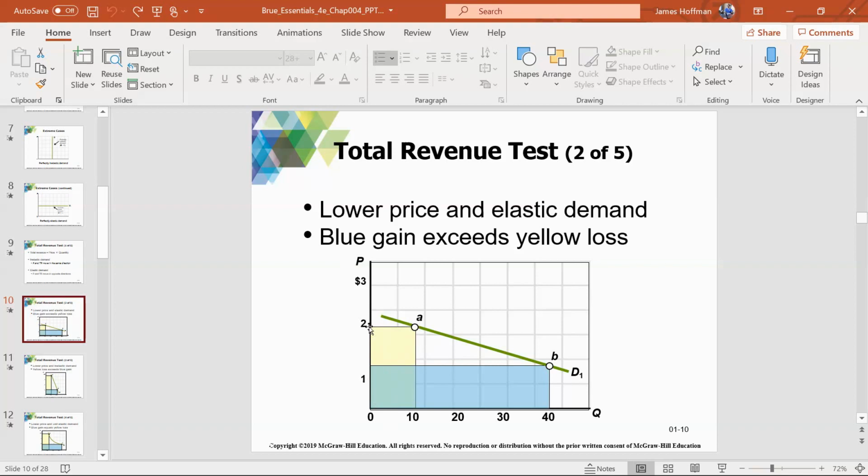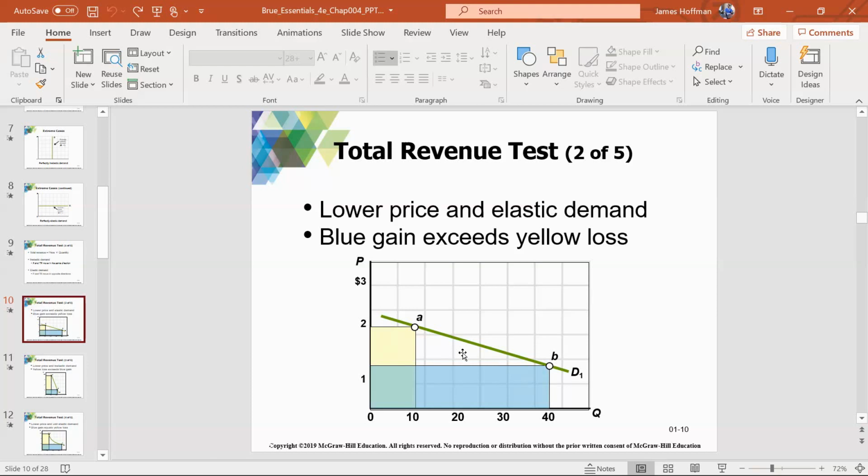Geometry-wise, this times this is the area here. The yellow box is the original revenue, price times quantity, and if you lower the price to 1, this big gray rectangle is the revenue.